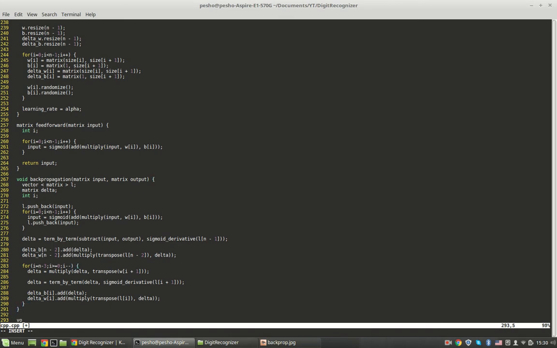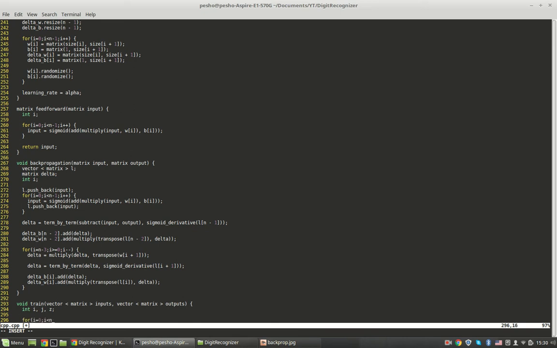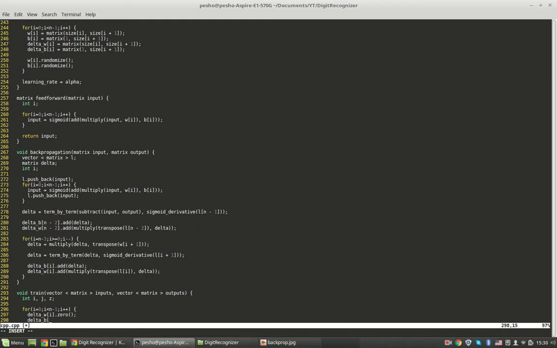And now we want to have the train function, which actually gives us the mini batch. It gives us a lot of inputs and their corresponding outputs. And all we have to do is first set those delta matrices to 0, since we're going to be accumulating the gradients there.